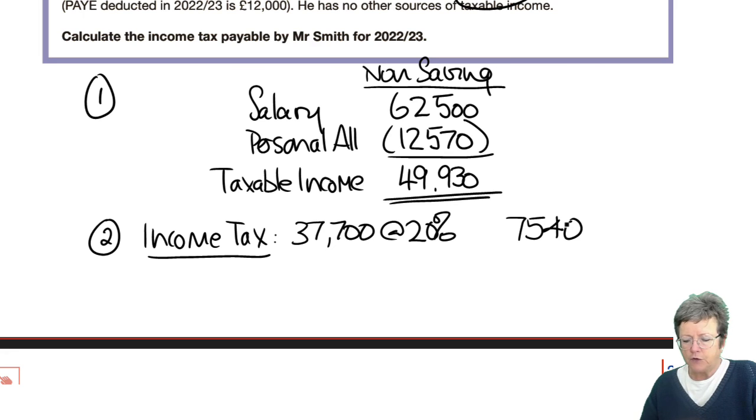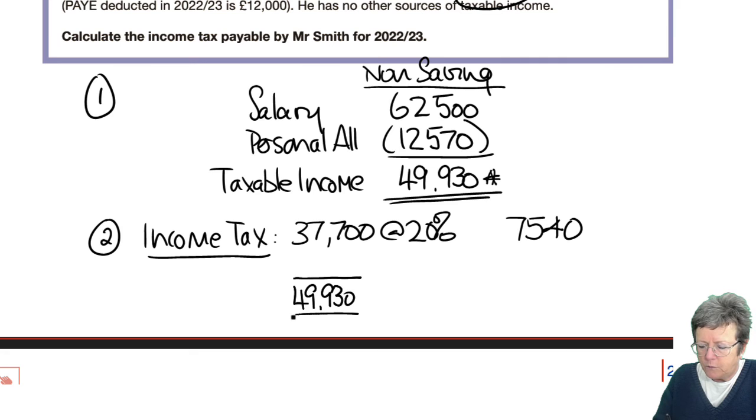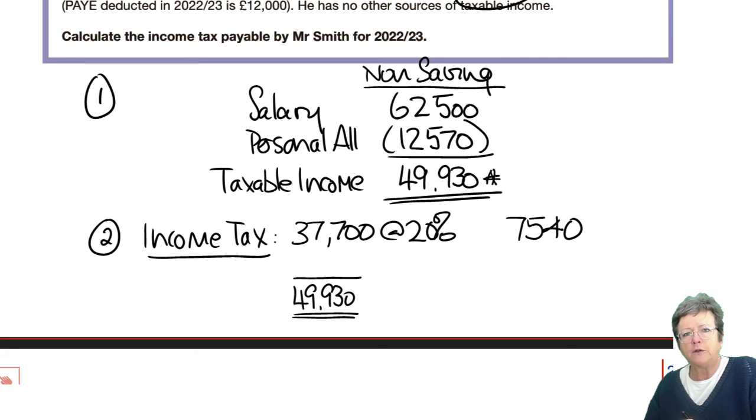Now, obviously, this individual, Mr. Smith, earns £49,930 after personal allowance. Therefore, he is a high rate taxpayer. Now, the best way to do this, bit of a safety net thing, you've got to tax that figure. You've already taxed 37,700. Just write that in there, because that's the total that you are going to have to tax. So the balance is the figure in the middle.